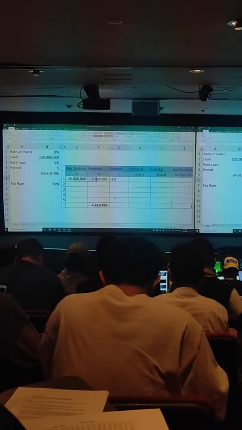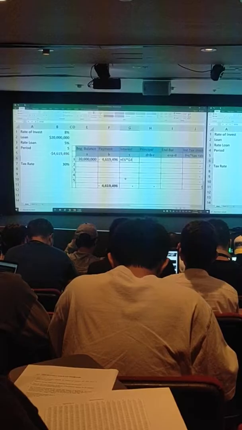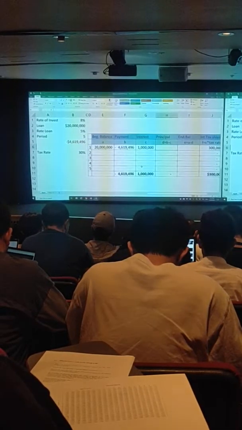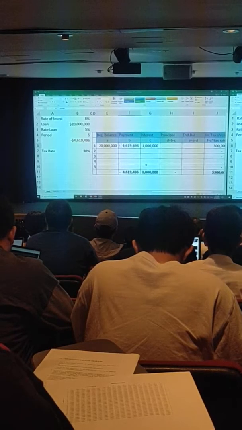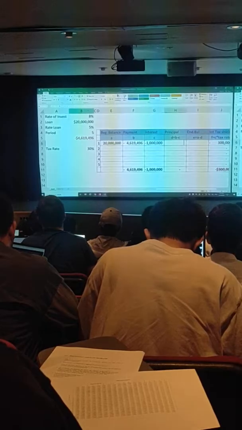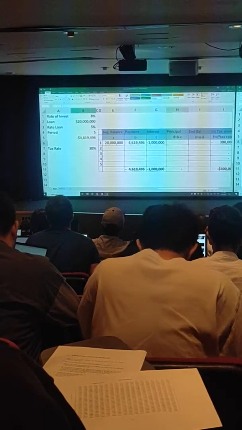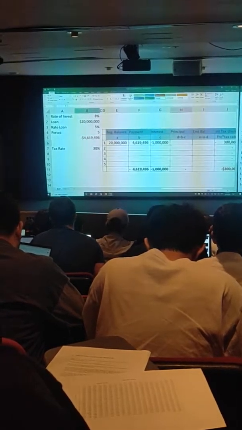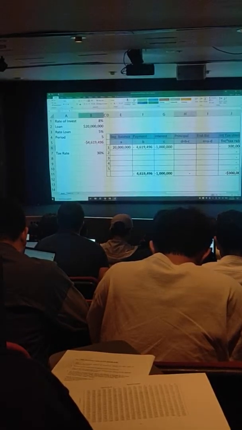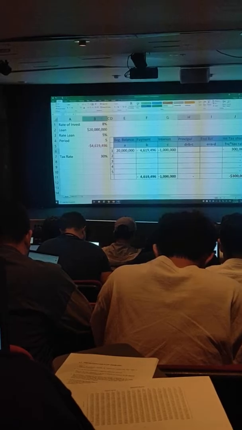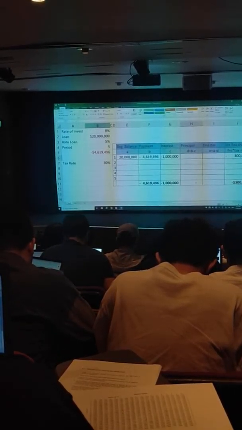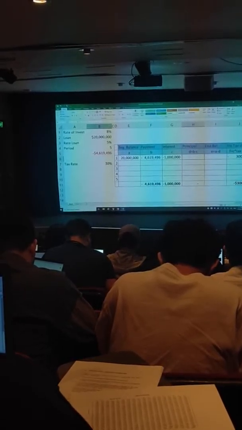Our interest is obviously 5% of the 20 million. If we're paying 4.6 million every year back, of which 1 million is interest, how much is principal? The rest, right?